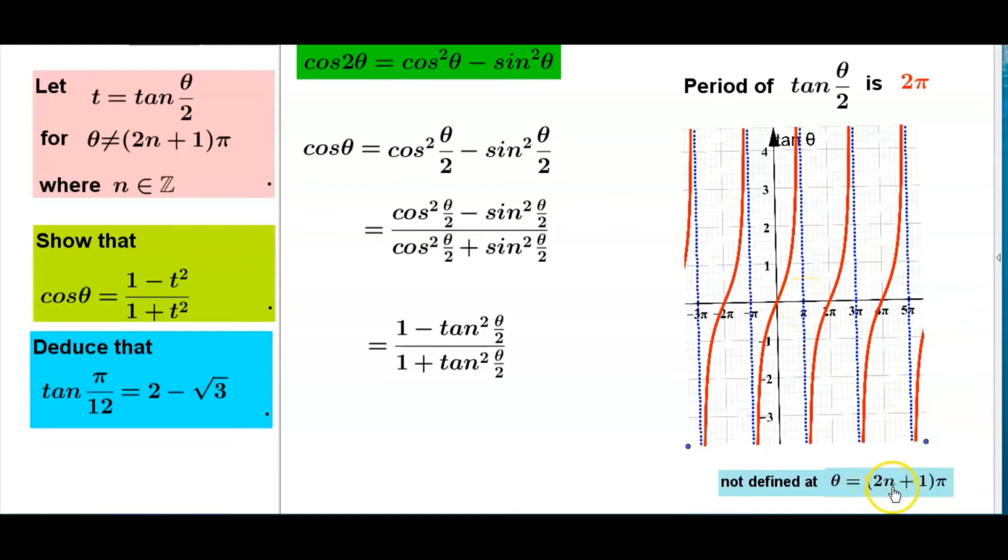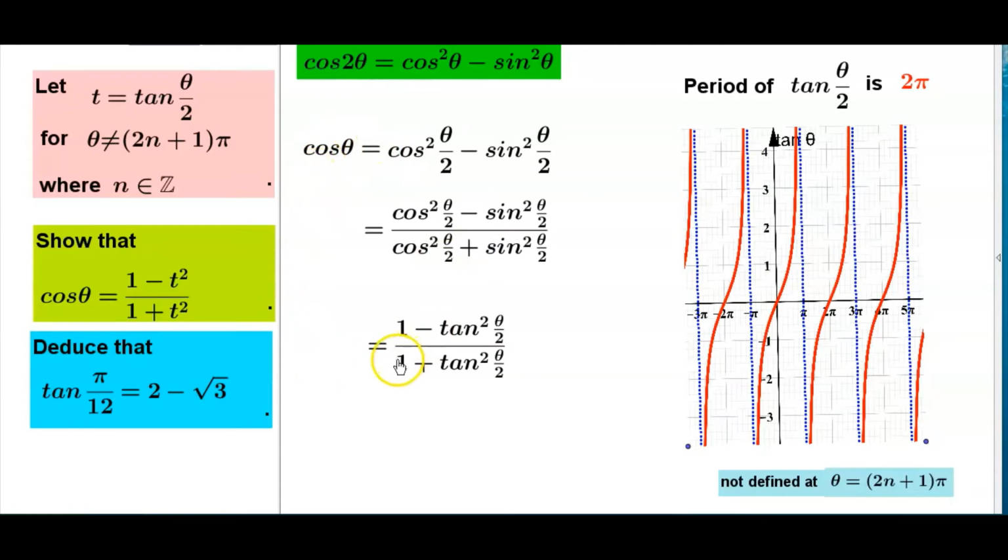When n is 1, 2 plus 1 is 3, so theta is 3 pi, not defined. When n is 2, 4 plus 1 is 5, so 5 pi, not defined. When n is minus 1, minus 2 plus 1 is minus 1, so minus pi, not defined. Therefore, tan theta by 2 is not defined at theta equal to (2n plus 1) times pi.